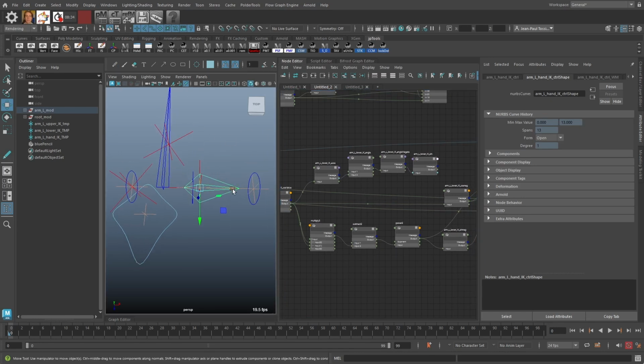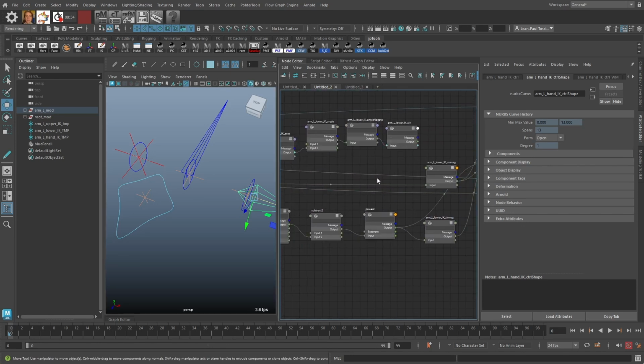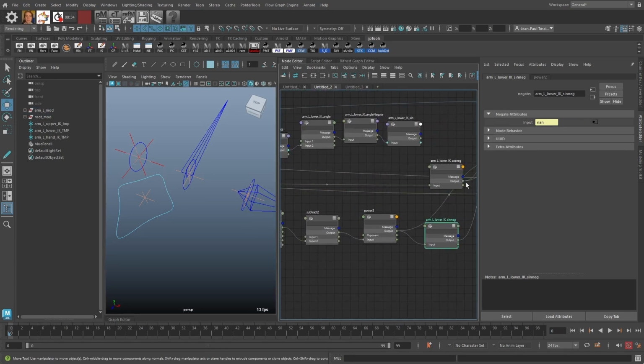However, if we now stretch our IK beyond its maximum length, you'll see that the locators again disappear, because if we look at our sine value, we see again a not a number value, which is produced by the power node, because we again have a negative zero number, so a very small number that's just a little bit below 0.